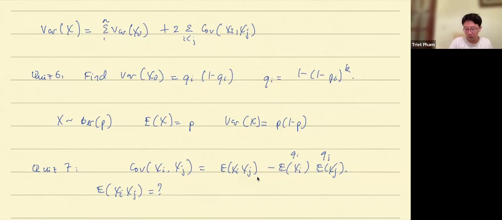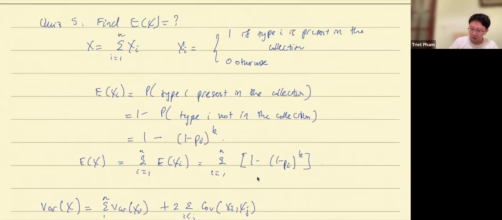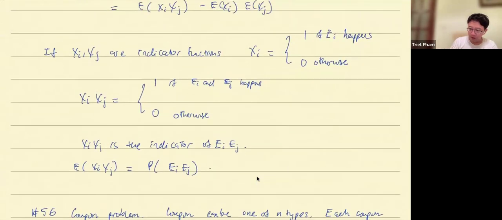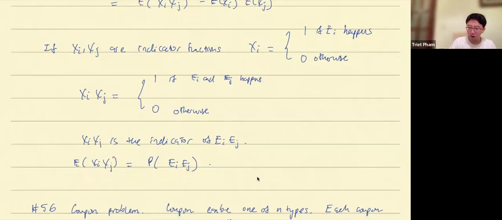Okay, so what's the answer here? Or how do we do it? So remember, if you have Xi, Xj being indicator functions, which is the case here, then the expectation of Xi Xj is just the probability of the events that Xi and Xj are referring to happening together.